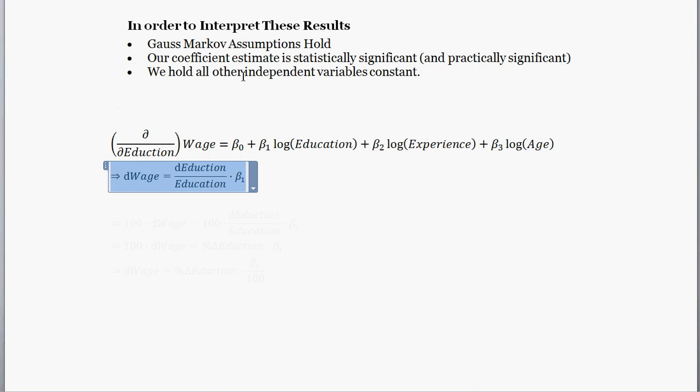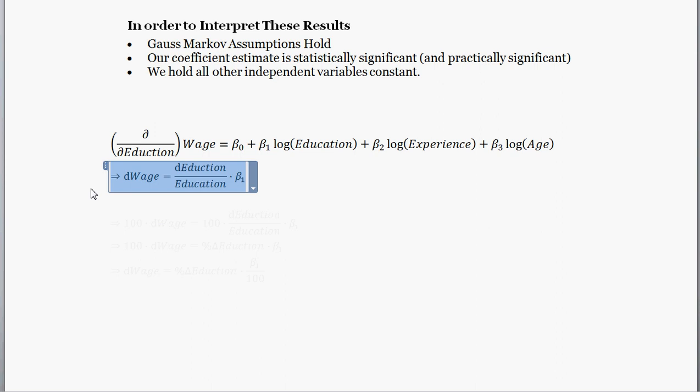So d education here is the change in education, and d wage is the change in wages. So d education over education is the change in education in percent. What's interesting is that if you multiply this by 100, that's d education divided by education times 100, and that gives us the percent change in education.